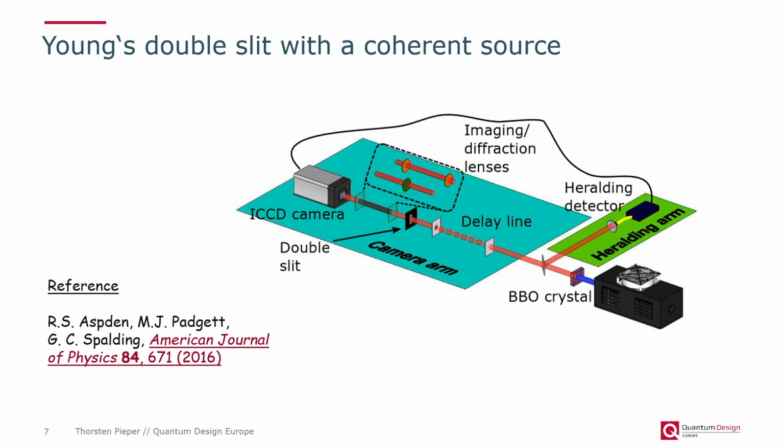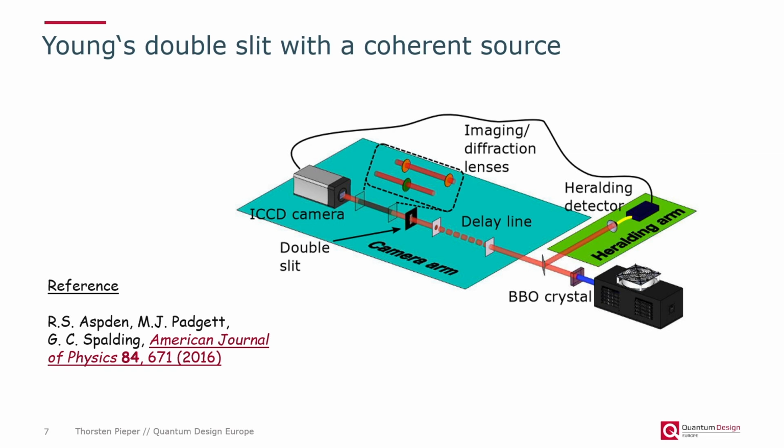This arm of the experiment is called a heralding arm because it provides a trigger signal for the camera, which is in the other arm of the experiment. And the object that is observed is in the signal arm, just in front of the camera.